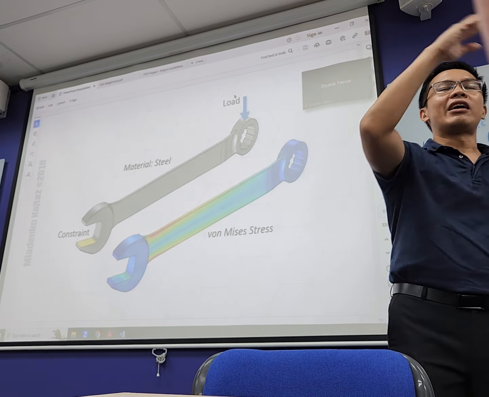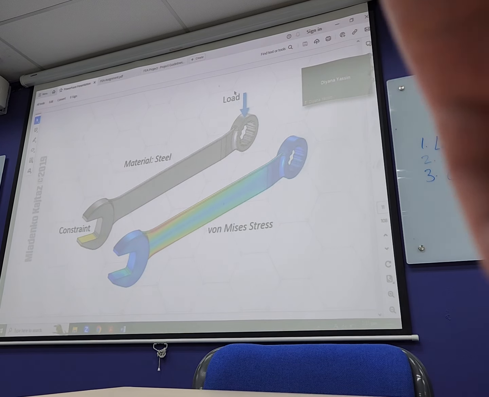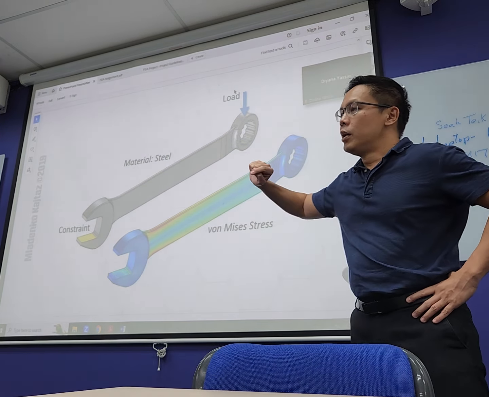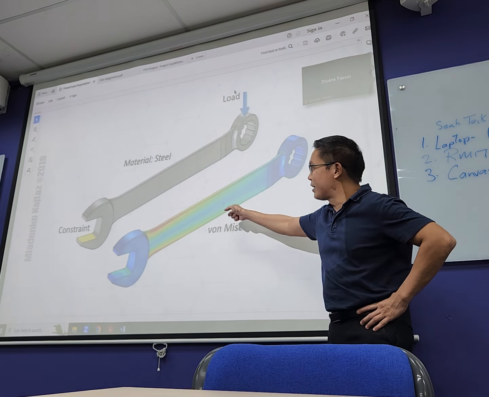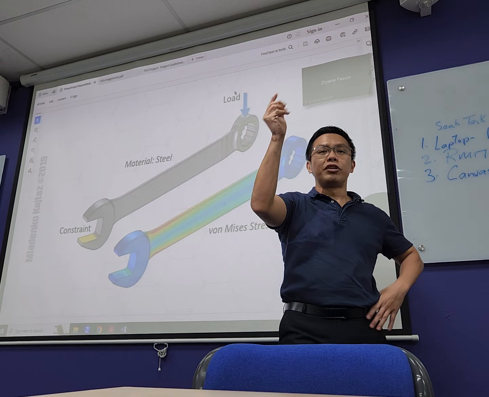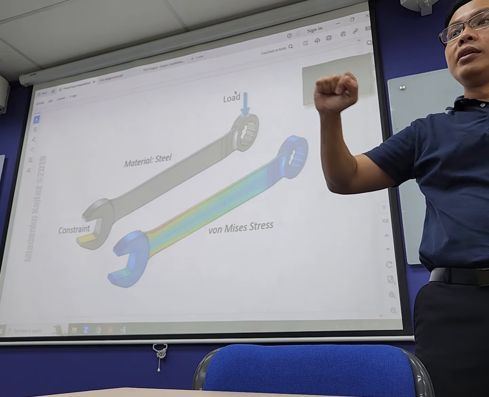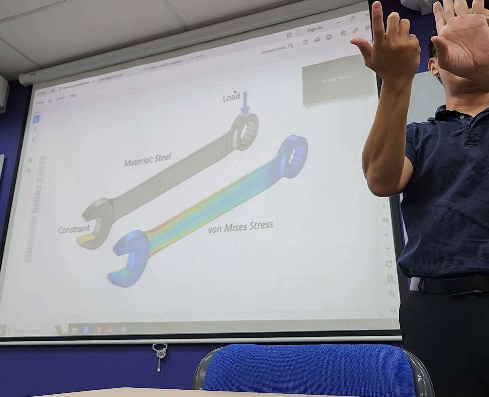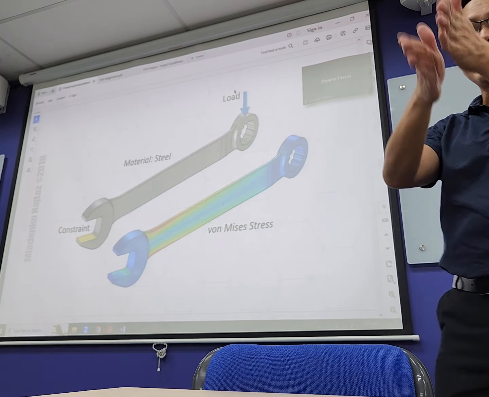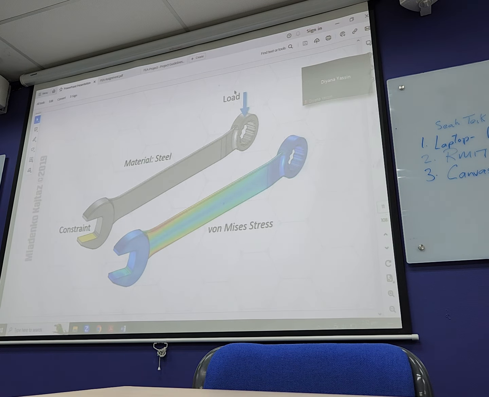Then you can get your elastic modulus, your plastic modulus, and determine the outermost fiber stress. The problem is when it comes to something complicated like this, with a little bit of chamfer, a little bit of groove. Then you have different stress. It wouldn't be such a simple rectangular beam, so you need to discretize it, break it down into smaller elements.